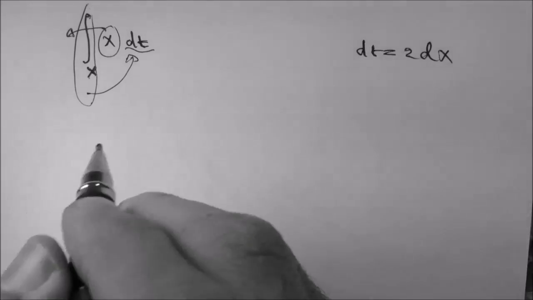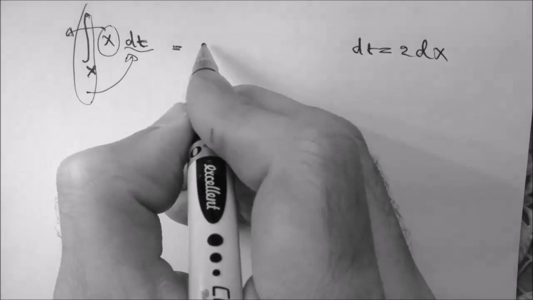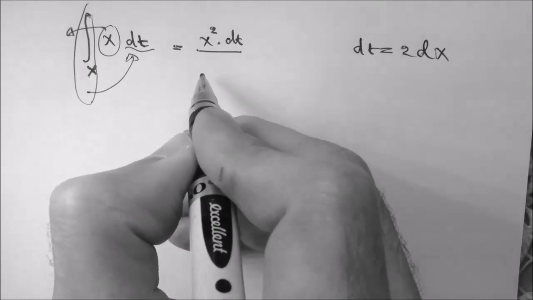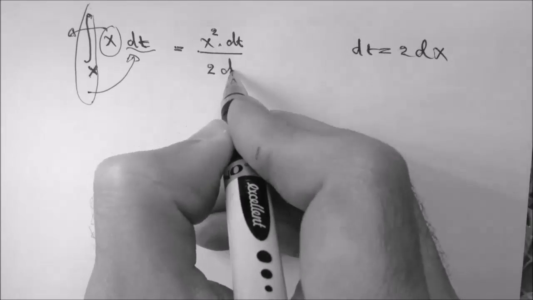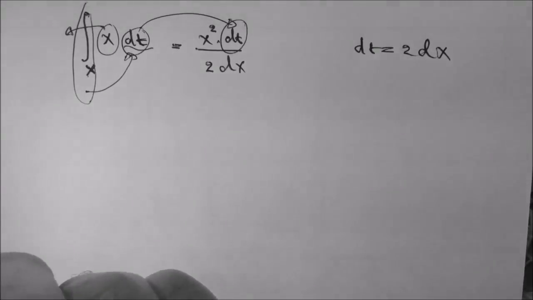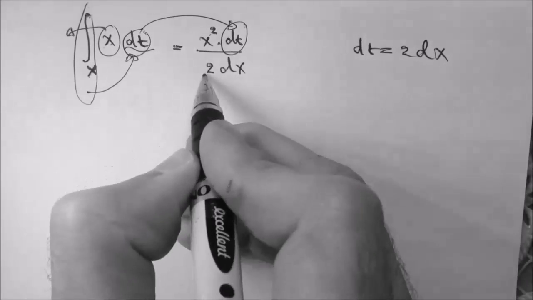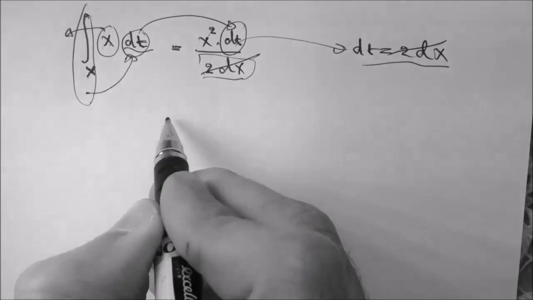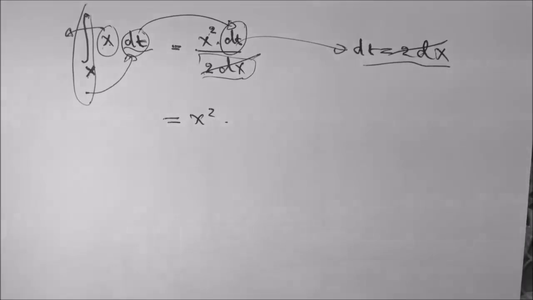So what I'm proposing is that the result will be x times dt over x squared, times dt over 2 dx. Okay, this dt is just a constant, and the result of integration under x will be x squared over 2 dx. Okay, if you substitute dt equals 2 dx, the result will be x squared.